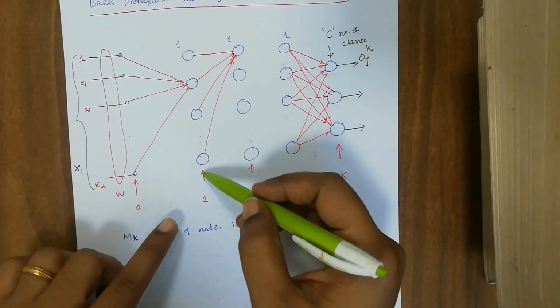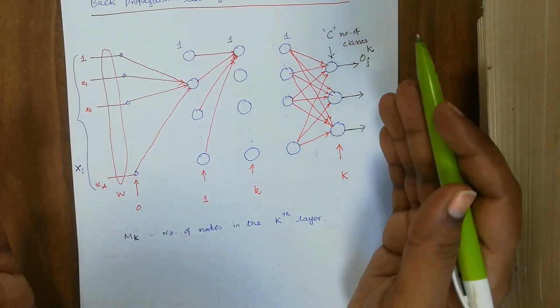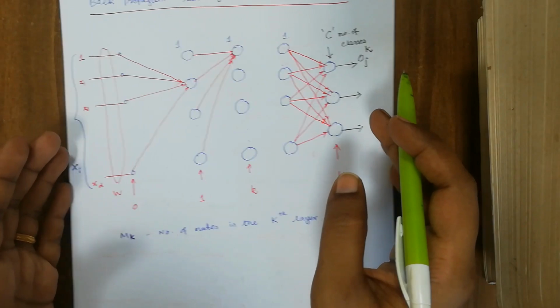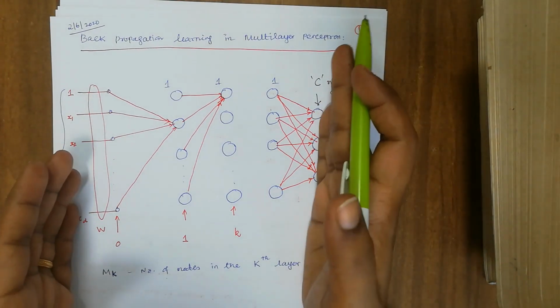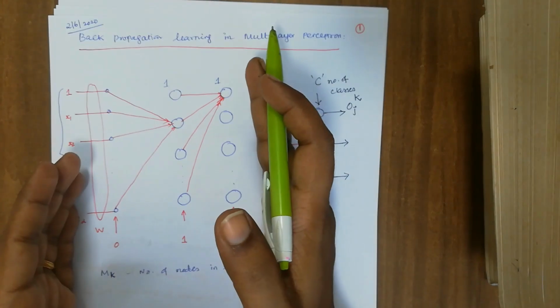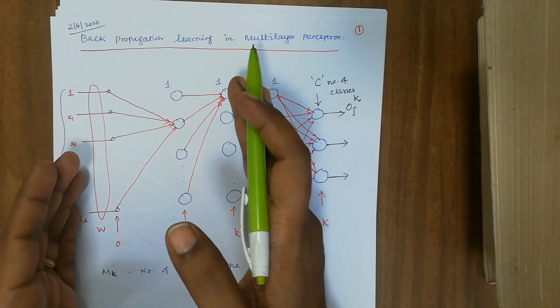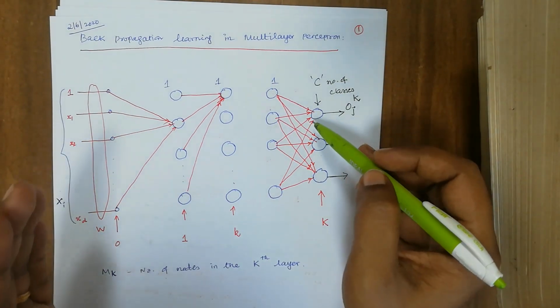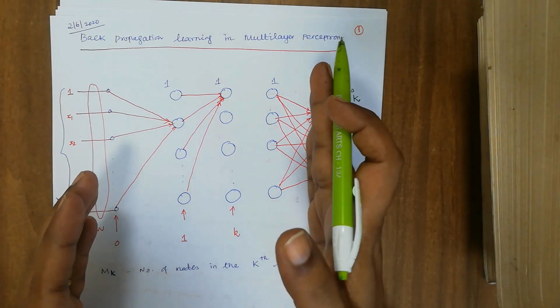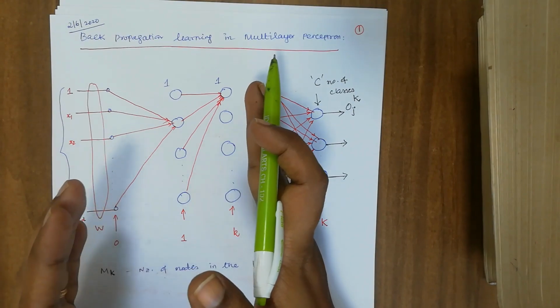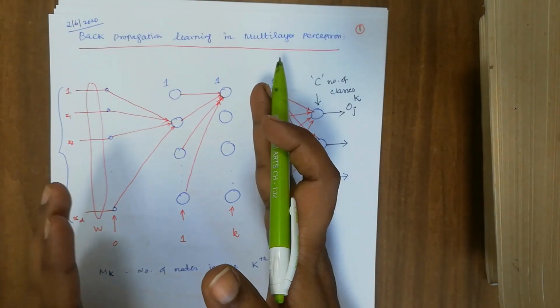But here there are K layers. We have to update the weight vectors separately. One is from the output layer to the previous layer, which is the K minus 1th layer. So there could be a weight updation rule between the output layer and the previous layer, which can be represented as capital K minus 1.